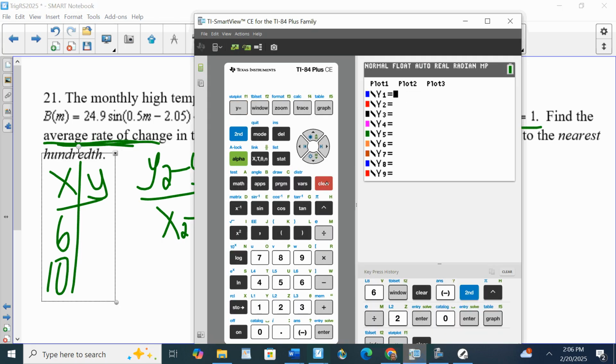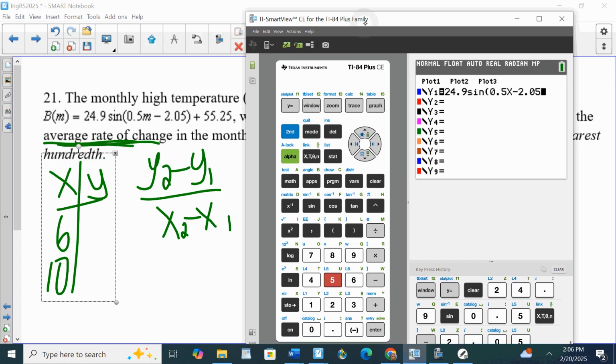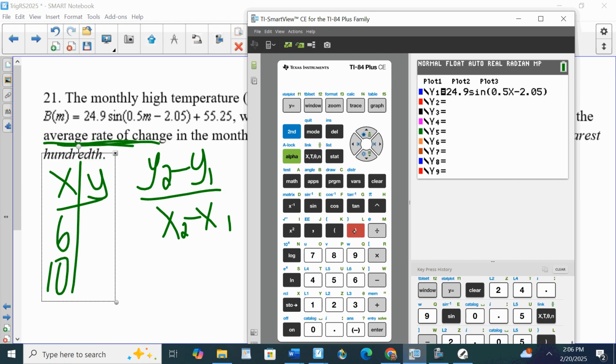Go to y equals, type in the equation, 24.9 sine 0.5 instead of m, we do x minus 2.05 plus 55.25.